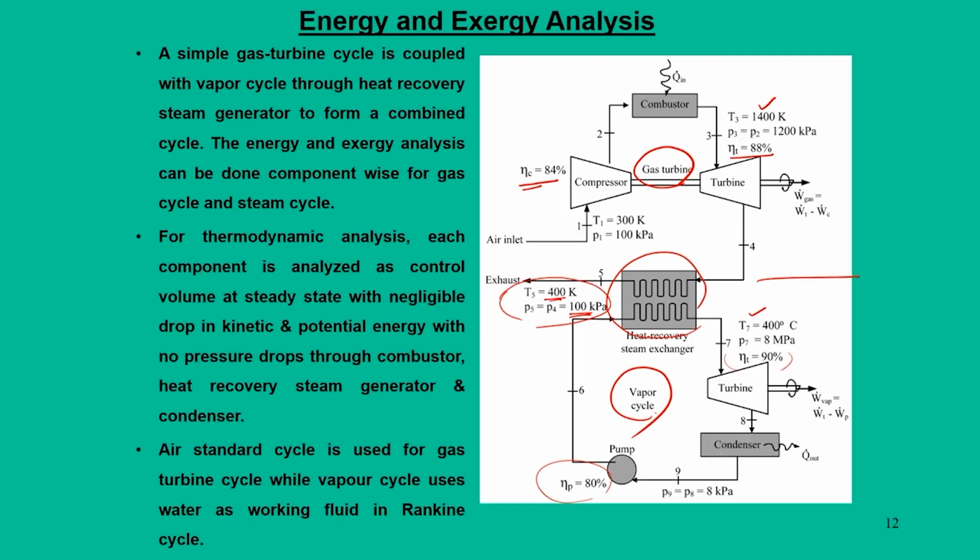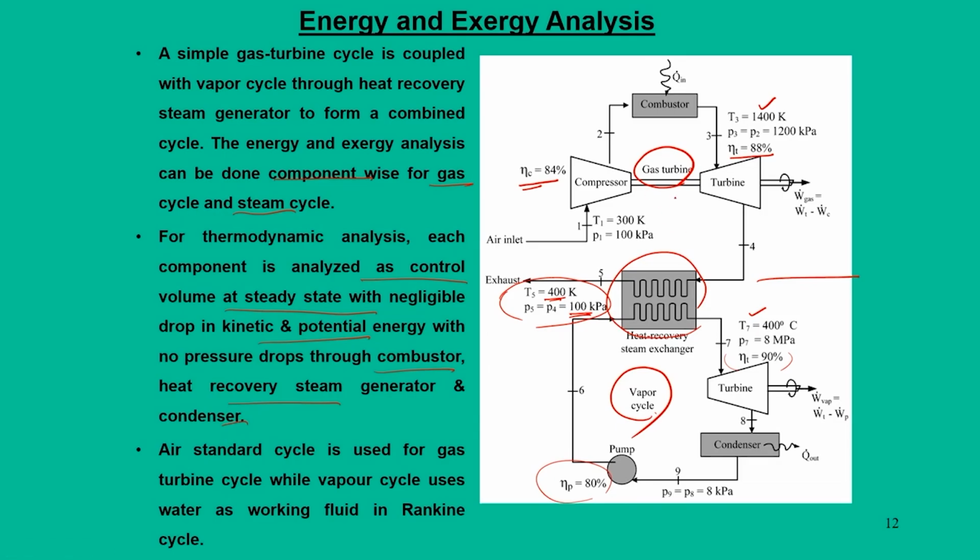Now, the basic assumptions for this simple unit for our energy and exergy analysis are, first, that we need to analyze them component-wise for the gas cycle and the steam cycle. Second, each unit can be analyzed as a control volume operating at steady state with negligible change in kinetic and potential energy, and no pressure drop in the combustion, heat recovery systems and condenser.